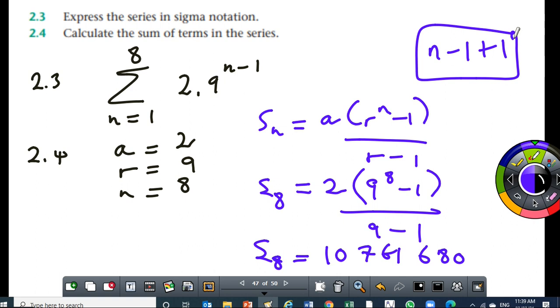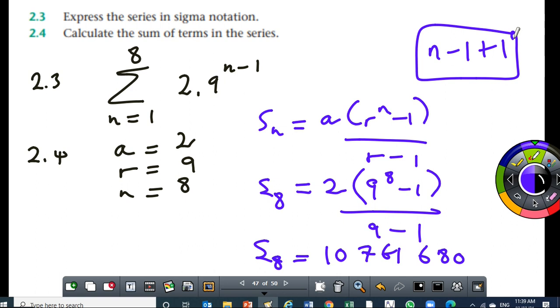How did you do it? So I used the wrong thing. Your general term was incorrect? No, my general term was right, but I used the wrong method. I used a plus ar plus ar squared plus ar.